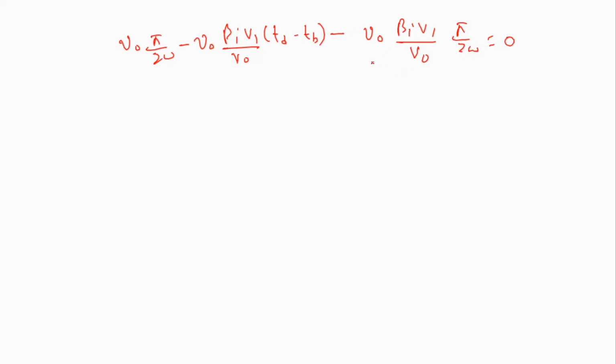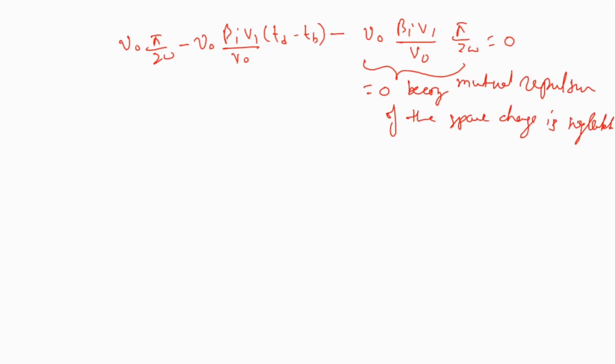So this term should be equated with 0 because mutual repulsion of the space charge is neglected. So from this we can write V0 into pi by 2 omega minus V0 into beta I V1 divided by V0 into TD minus TB should be equal to 0.